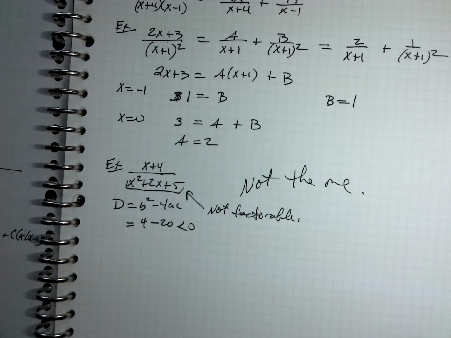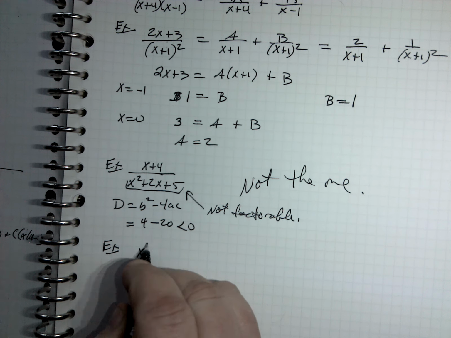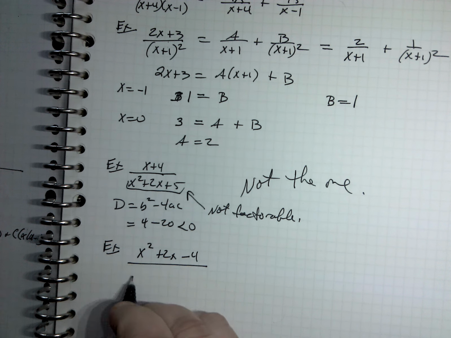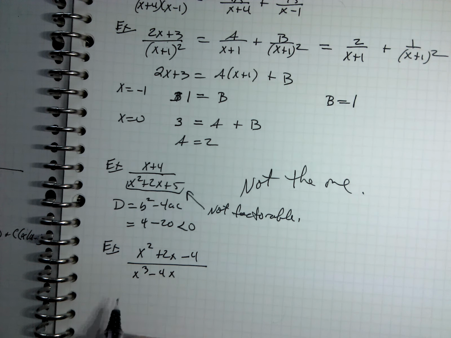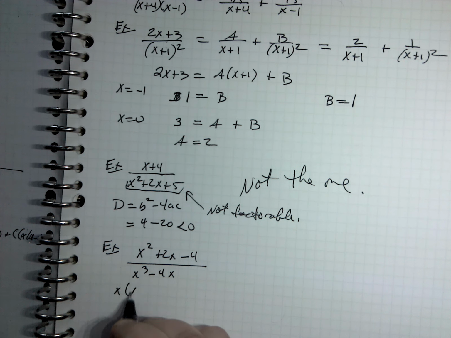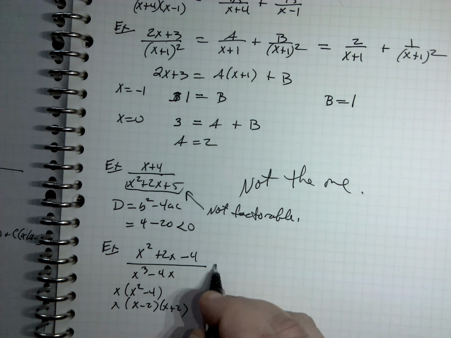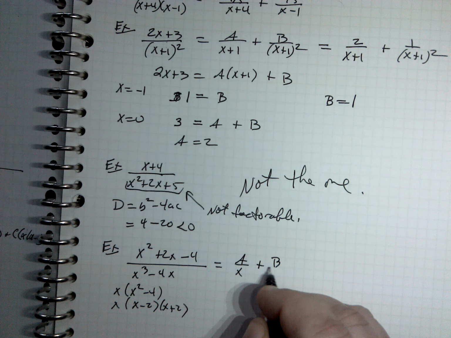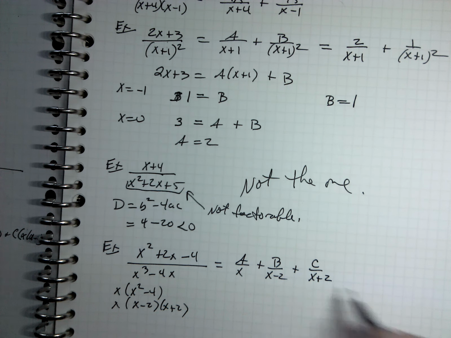Let's say we have (x squared plus 2x minus 4) over (x cubed minus 4x). Now looking at this, I can factor the bottom as x times (x squared minus 4), or x times (x minus 2)(x plus 2). So when I break this down, I'll have a over x plus b over x minus 2 plus c over x plus 2.